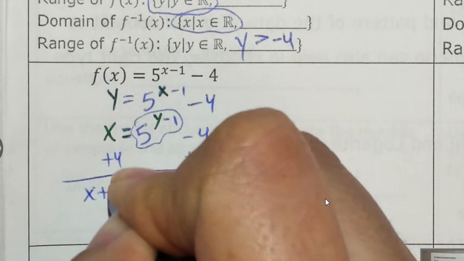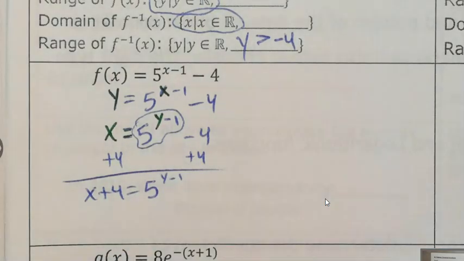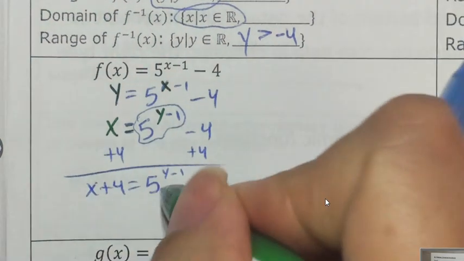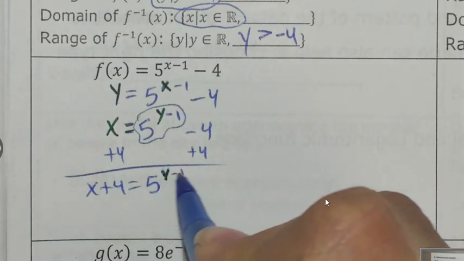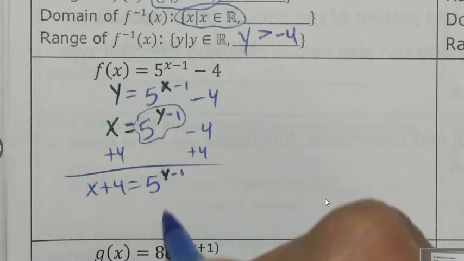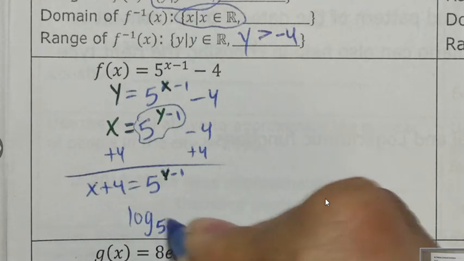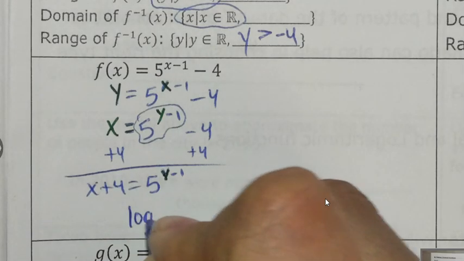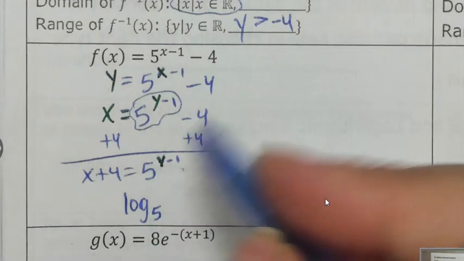We're going to have x plus 4 equals 5 to the power of y minus 1. And we still want to solve for y, which means this cannot be touched unless we bring it down. So we're going to write log of base 5, because right now we don't have a log, we're going to write a log to undo that part.